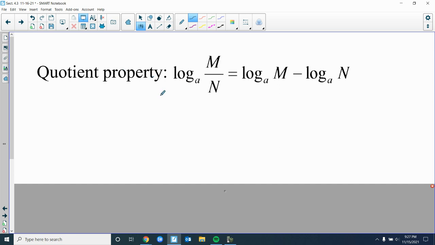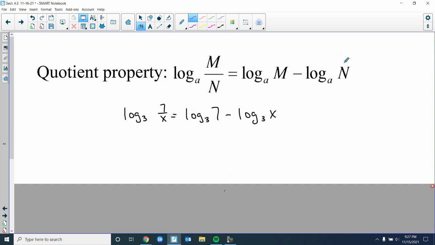Second one, quotient property. We're not going to prove the second and third one. Quotient property: log base A of a ratio or a fraction can be written as the log base A of m minus the log base A of n, or vice versa. So if I have the log base 3 of 7 over x, that equals the log base 3 of 7 minus the log base 3 of x.